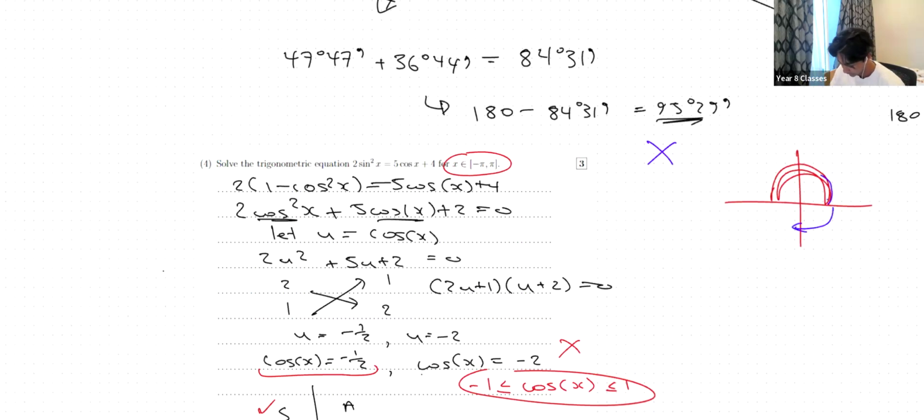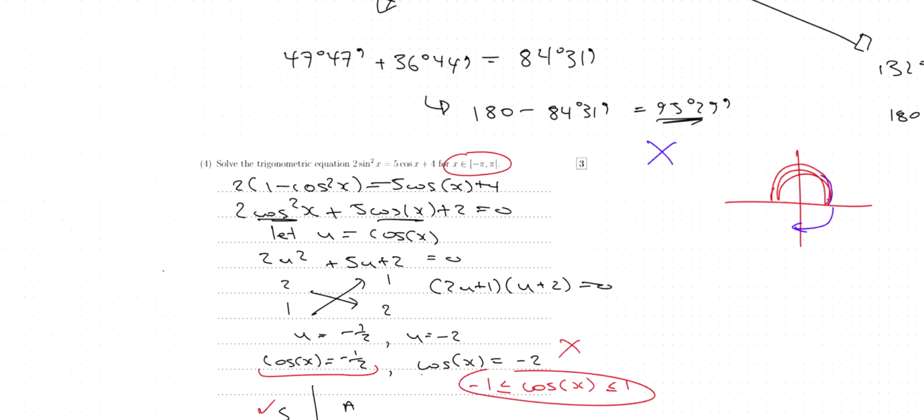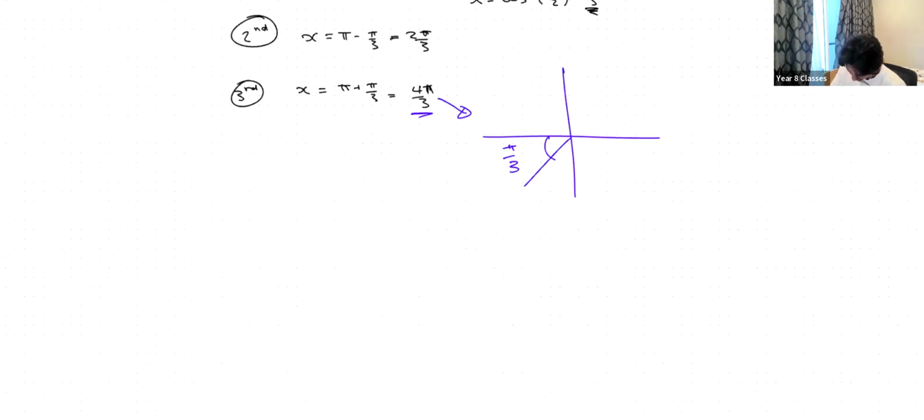So this 4 pi on 3 is still correct, but you just have to look at it from a negative angle. Instead of thinking about it this way, think about how far we have to go the other way.